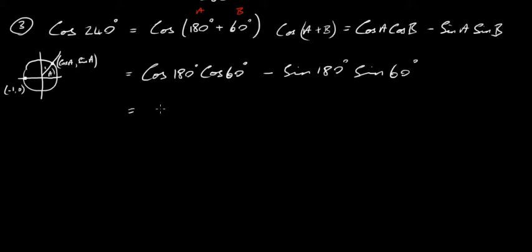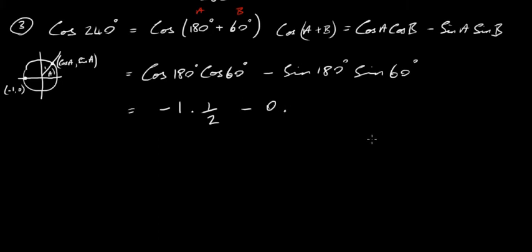That's going to be multiplied by the cosine of 60 degrees. The cos of 60 degrees is 1 over 2. And then we have the sine of 180 degrees. Well, you can see here that the second coordinate is 0. So the sine of 180 degrees is just going to be 0. We've got to multiply that by the sine of 60. The sine of 60 degrees is root 3 over 2.